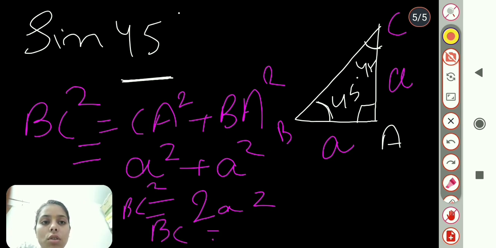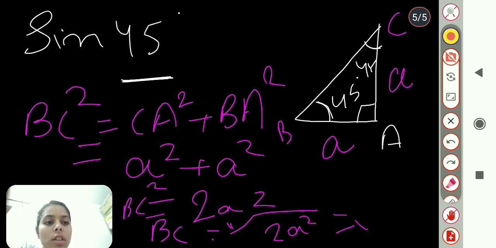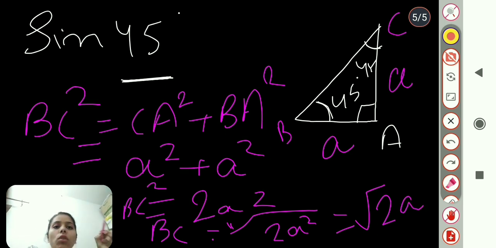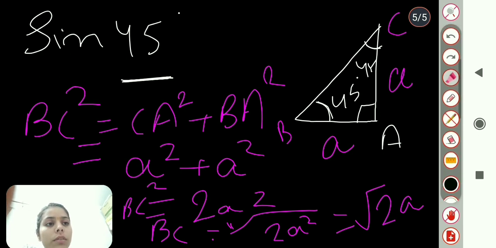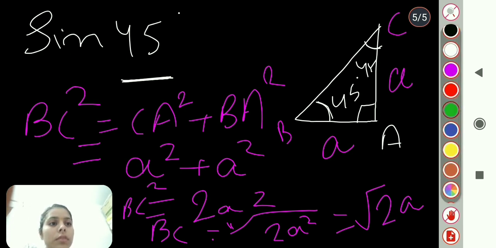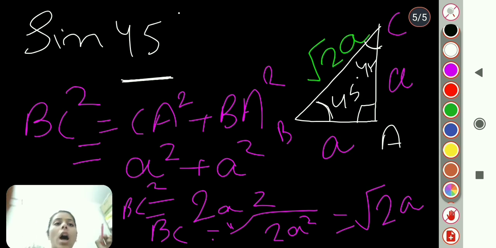BC is equal to under root 2A square. This will give us under root 2 A. The value of BC we get is under root 2 A. I hope this is clear, right?